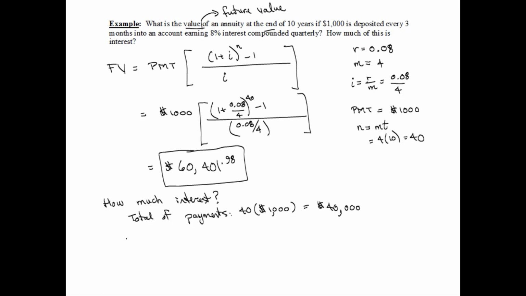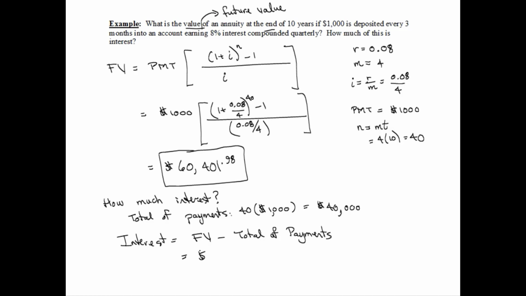And so then my interest is equal to my future value minus the total of the payments. In other words, everything extra that did not come from a payment is interest.